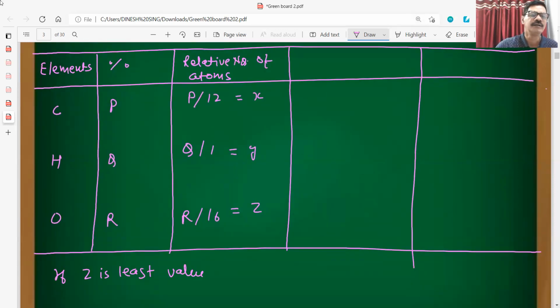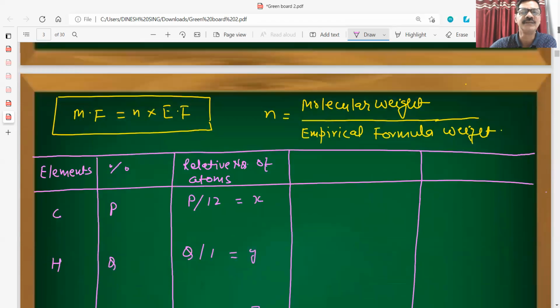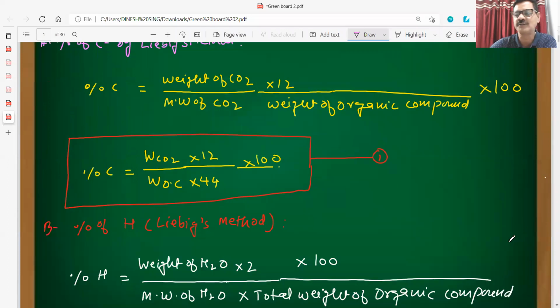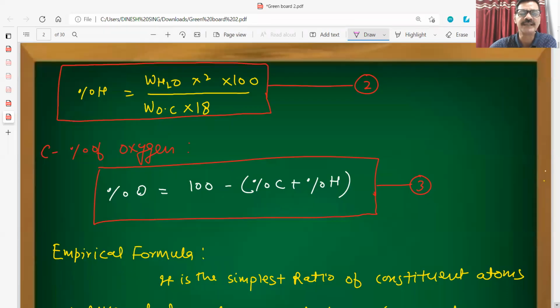Suppose in the compound we have these 3 constituent atoms: carbon, hydrogen, and oxygen, and P, Q, R are their respective percentages. Either he can give these values in the problems, or instead of directly giving percentage, he can give certain data, like the weight of carbon dioxide or weight of H2O, so by using the formulas we discussed, we can determine their respective percentages.